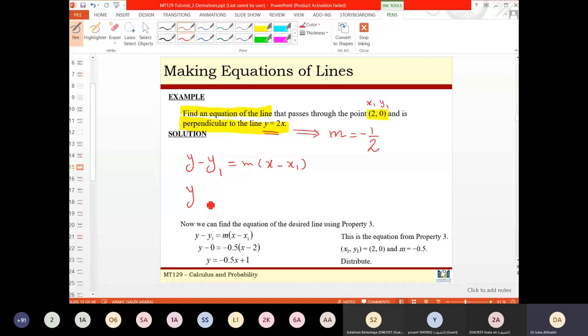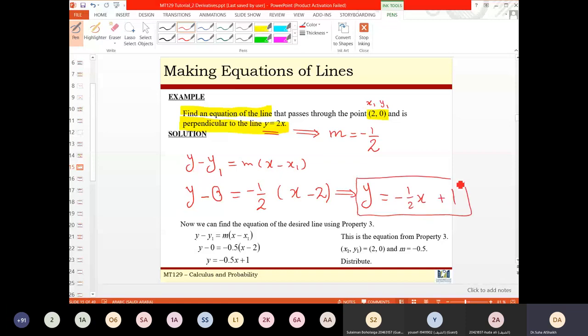So this will be y minus y1, which is 0, equal to m, which is minus 1 over 2, times (x minus x1, which is 2). Yeah, we just have to rearrange the things a little bit. So my y equal to minus half x plus 1. And this is the equation of my line. Okay? You got it? Yeah.